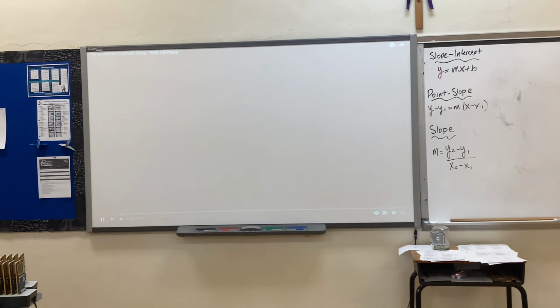You guys can sing. X is equal to negative b plus or minus the square root of b squared minus 4ac all over 2a.